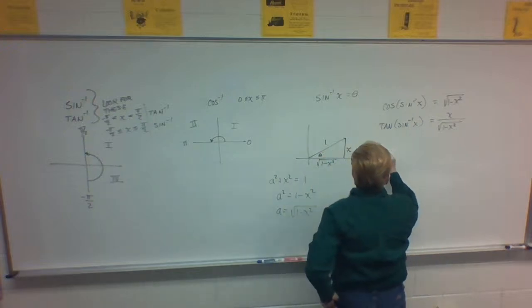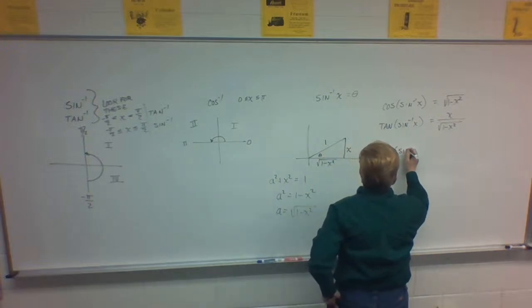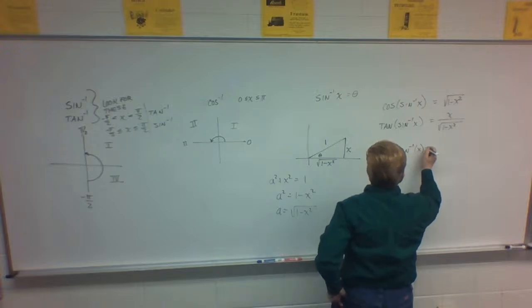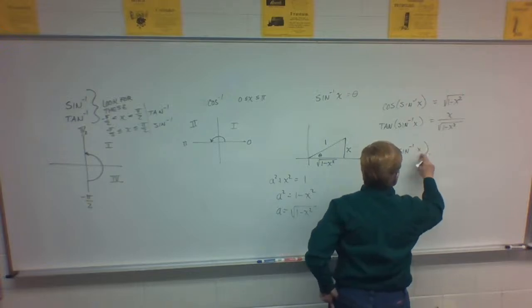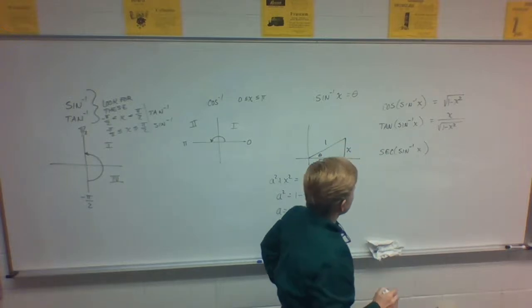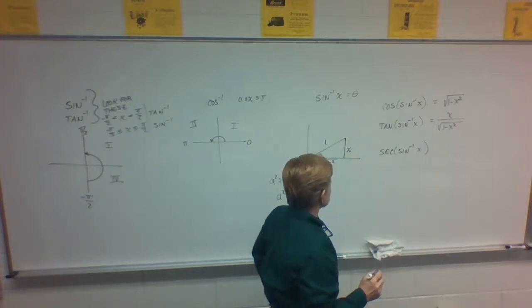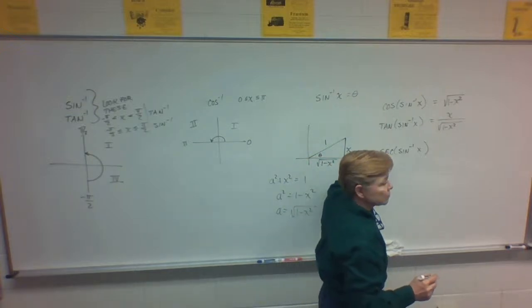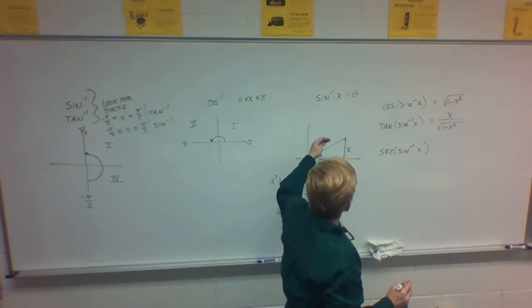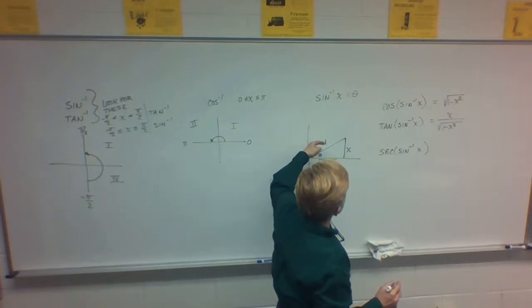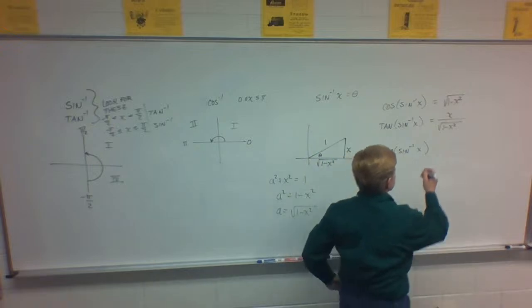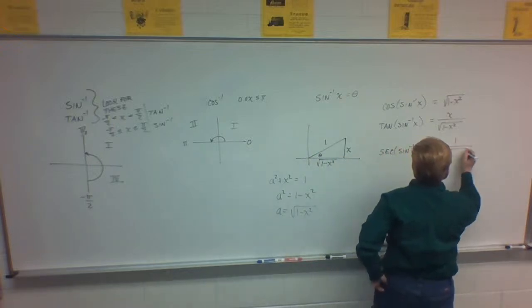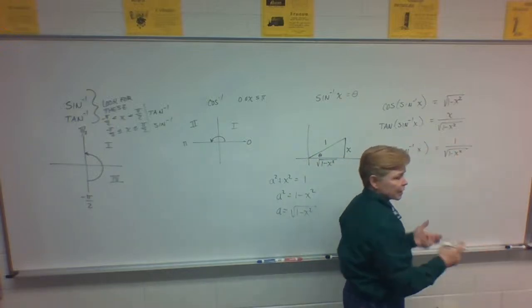So now what would the secant of the inverse sine of x be? I don't need those parentheses. What would that be? It would be this thing's reciprocal, because it's secant. It's a secant of the same angle. Or you can say this has got to be adjacent over hypotenuse, so secant is hypotenuse over adjacent. That's a couple ways you can look at it, right?